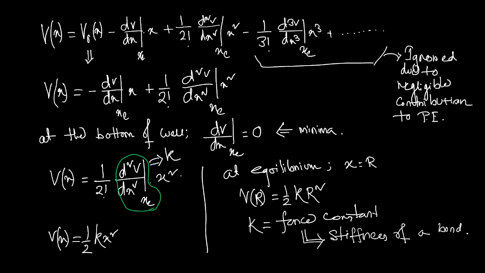Now if we look at the relationship between force constant and frequency of vibration, it is simply written as nu e is 1 by 2 pi root of k by mu, where mu is the reduced mass.